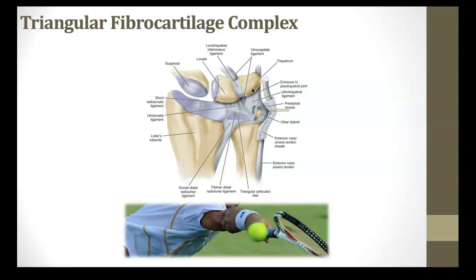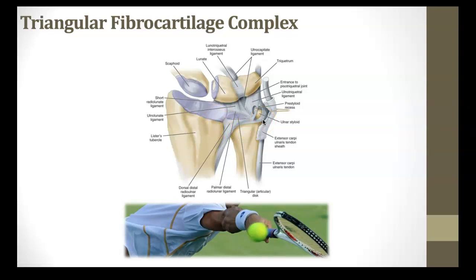And then the other thing that we see happening in this process is the extensor carpi ulnaris tendon will come around the ulnar styloid and move to its distal attachment, right? And so it creates what we call the roof of the triangular cartilage complex. So we have all of these anatomical structures which are extremely important and help maintain stability to the medial side of the wrist.